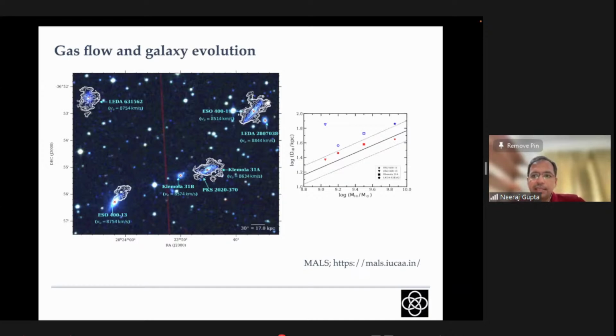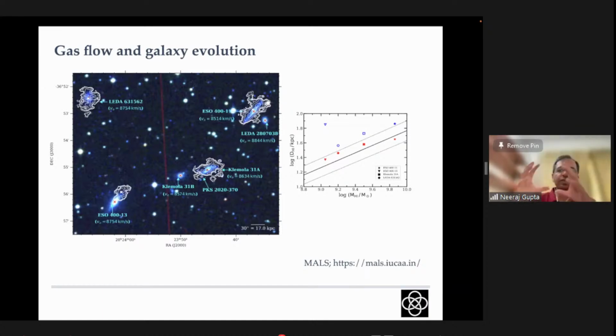Whereas galaxies which are more isolated would remain gas rich for a longer time, isn't it? This is something which has been observed. So galaxies in denser environments are gas poor, and galaxies in less dense environments are gas rich.